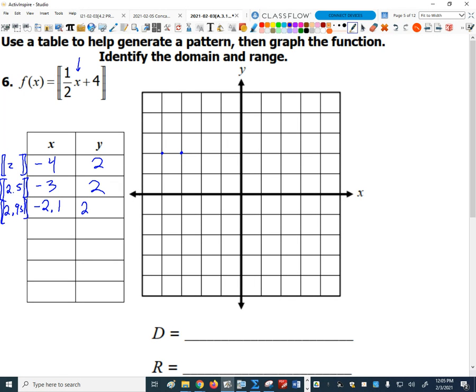The floor of 2.95 is 2, right? 2 point anything, if I put that into the floor function, is giving me back 2. So if I go just to the left of -2, I'm still right there.